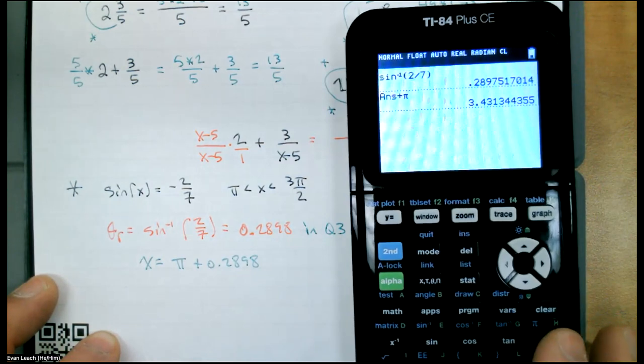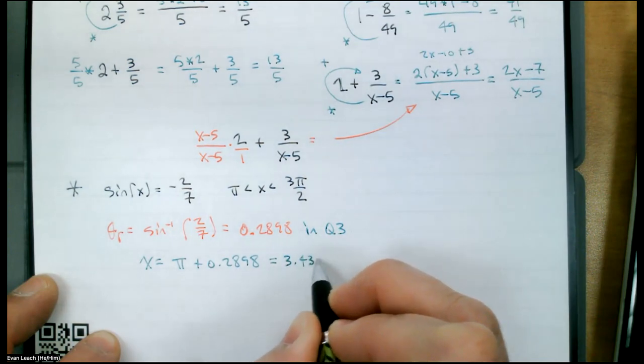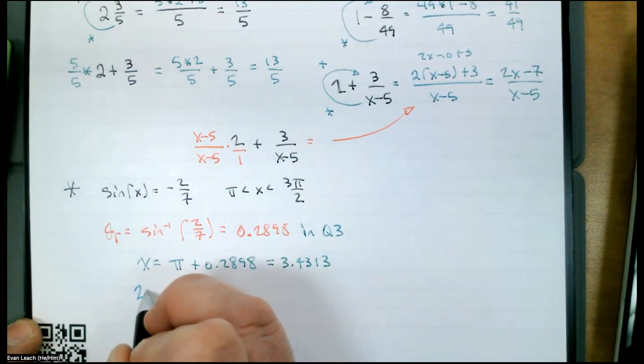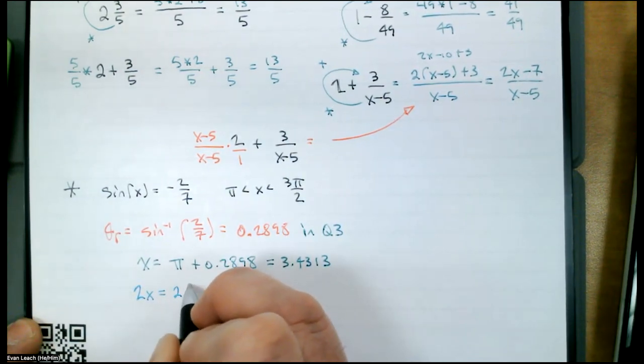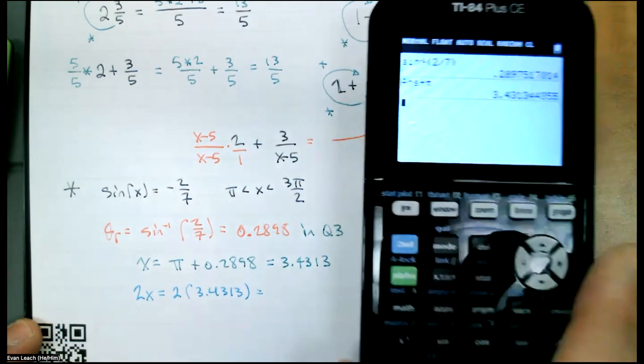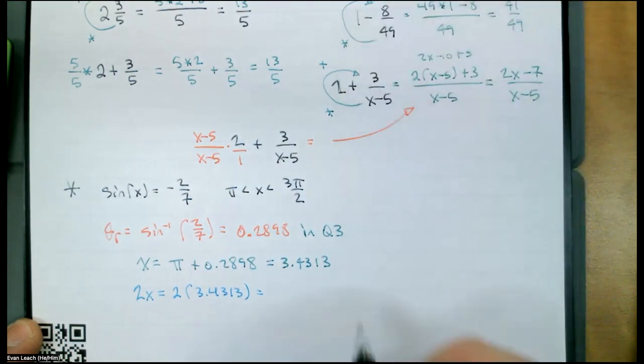So 3.4313. We could use this to figure out what 2x is. 6.8627.